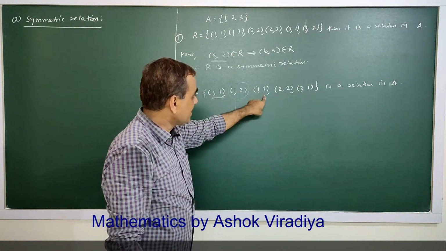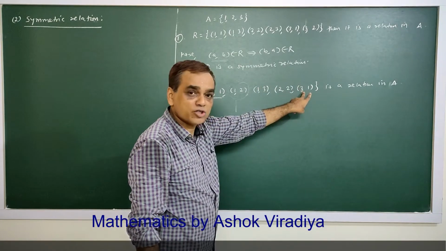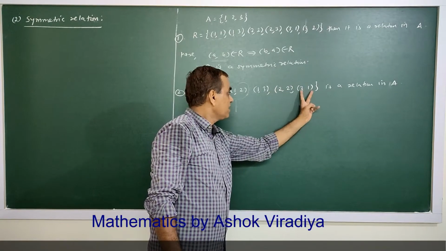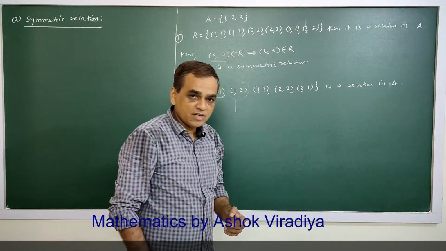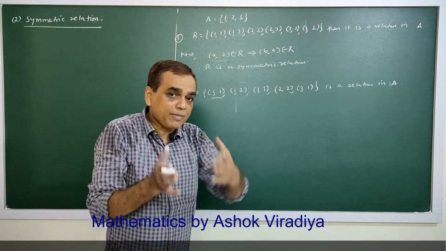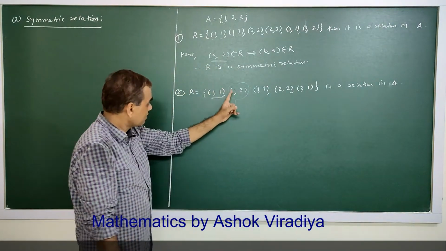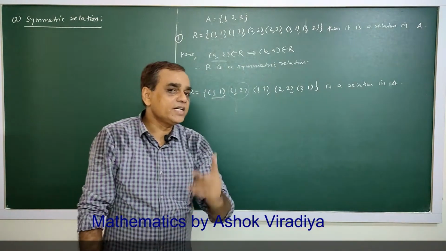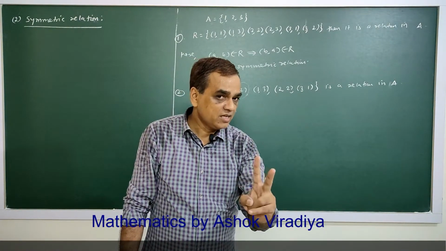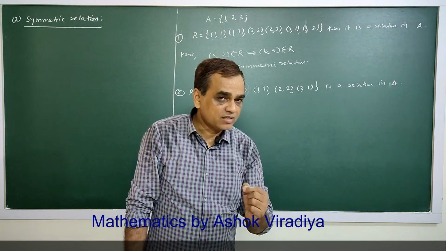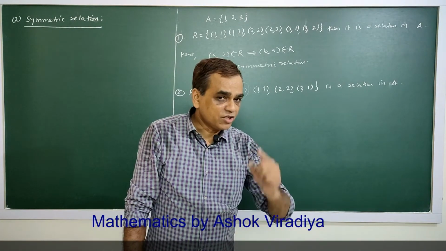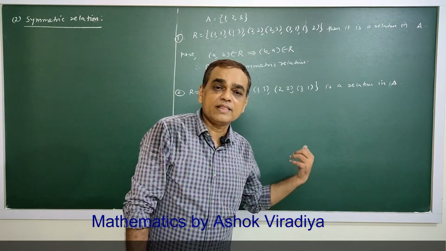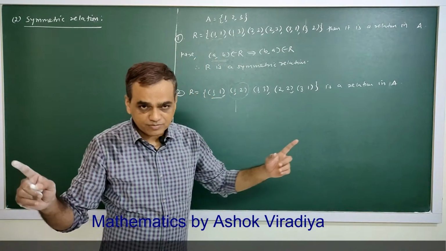Check next, (1,3), (3,1) belongs to R. (2,2), its inverse is (2,2). (3,1), its inverse is (1,3). For other ordered pairs, it is happening. But for this ordered pair, its inverse does not belong to R. So if you find at least one ordered pair (a,b) in given relation R for which its inverse (b,a) does not belong to R, then that relation is not symmetric.